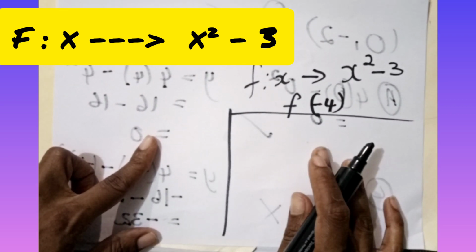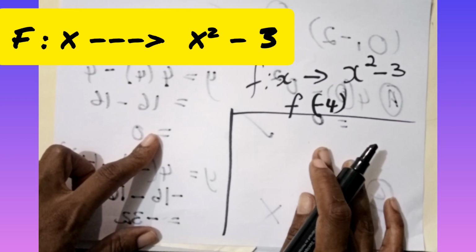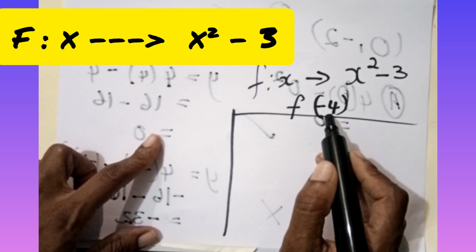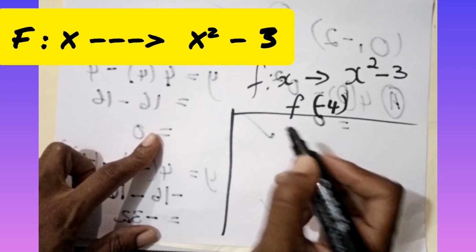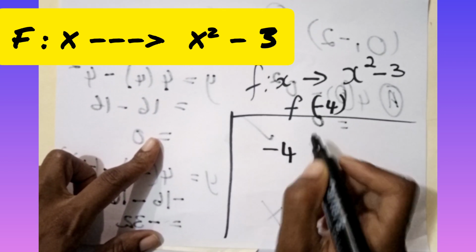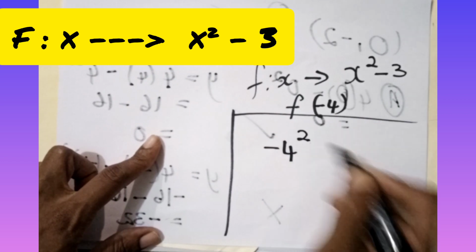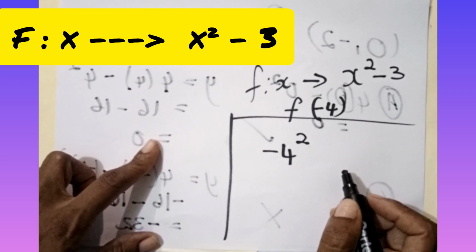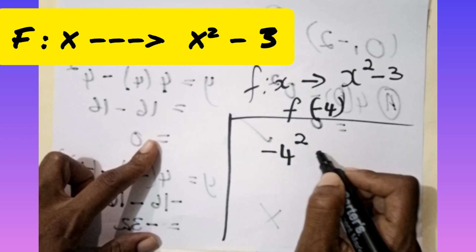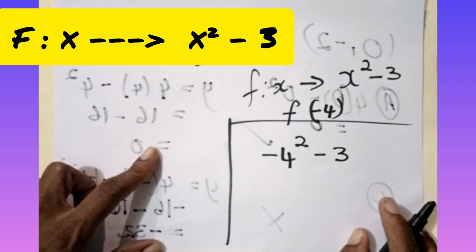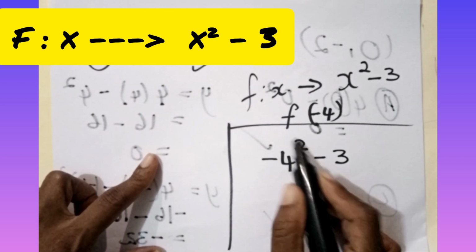So again, all you need to do is to substitute this value for x. So we're going to put negative 4 where x is. Right? Negative 4 squared minus 3. And we work out to see what it is equal to.